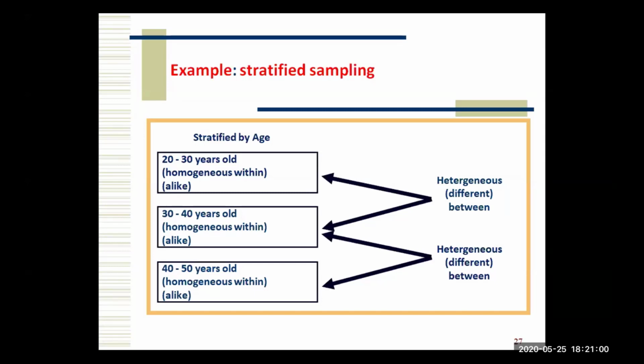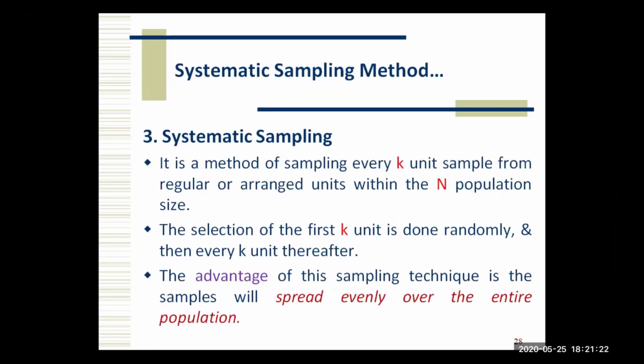But one thing, the stratum internally is similar, expected to have similar characteristics, but across the strata there is heterogeneity. There are heterogeneous variations across the groups. That is also the case.